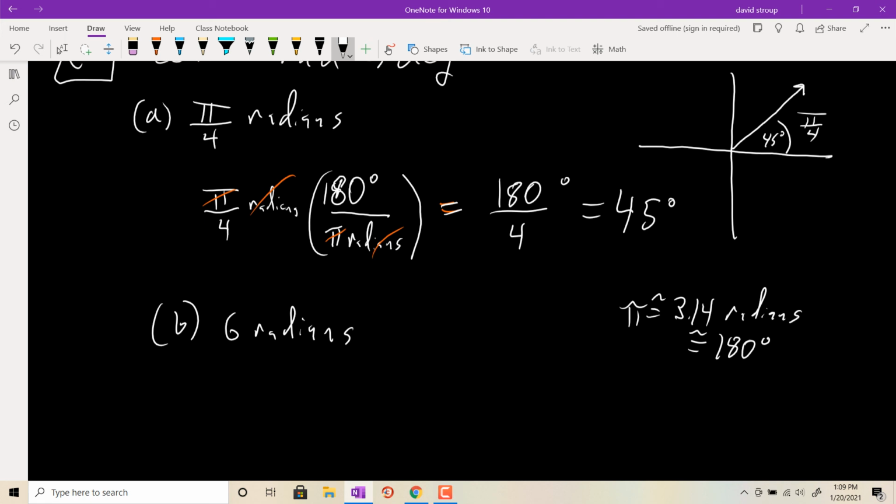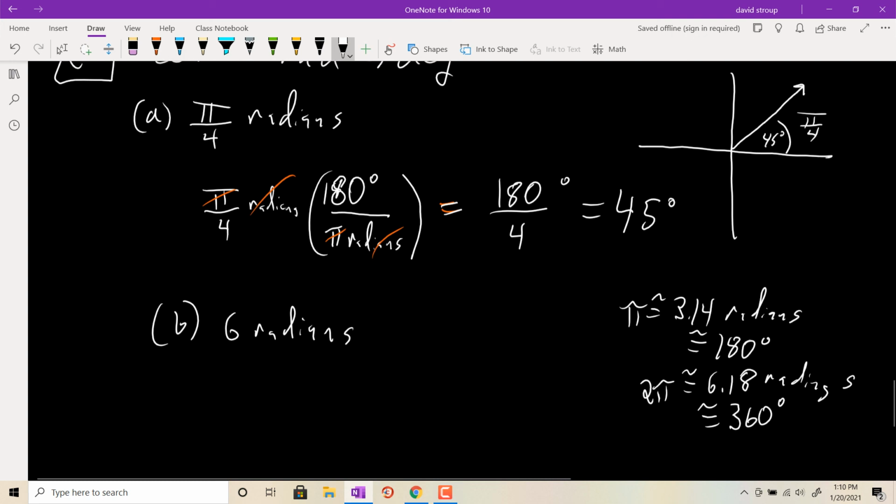It's almost 360 degrees, because if 1 pi is 3.14, 2 pi is probably going to be about 6.28, right? So 6 radians should be about 360 degrees.